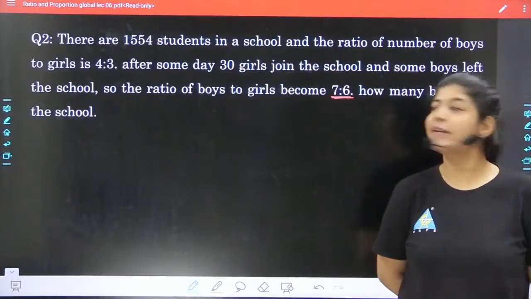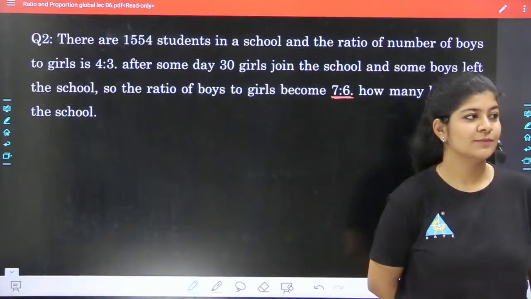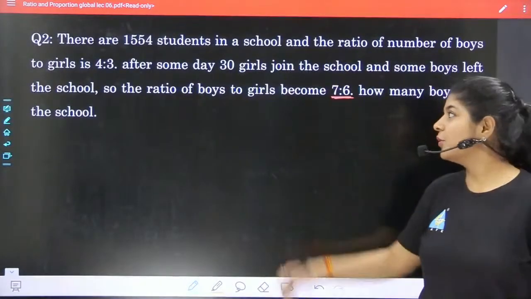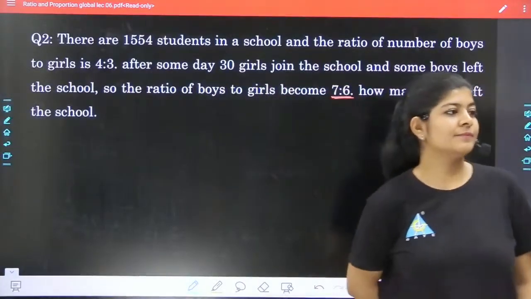How do I calculate this? I have to find out the number of boys who left the school so that the ratio between boys and girls will become 7:6.